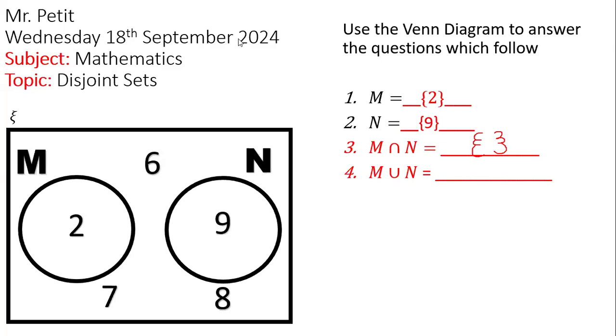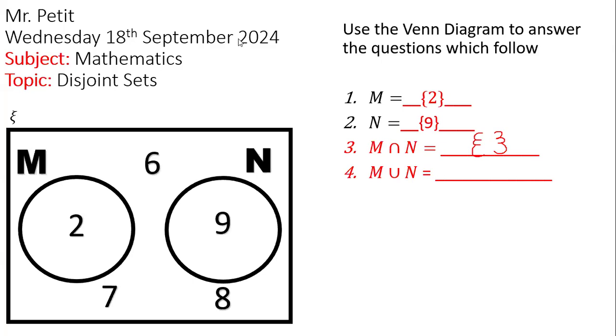The numbers that are in M and N. Very good, the combination of the two. So what y'all have for the union? Anyone can answer. The union is 2, 9, and 11 in curly brackets.